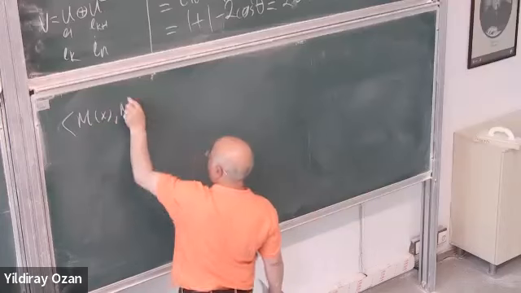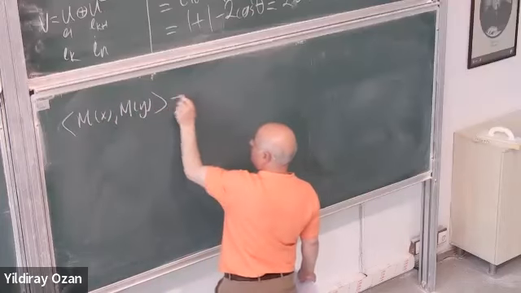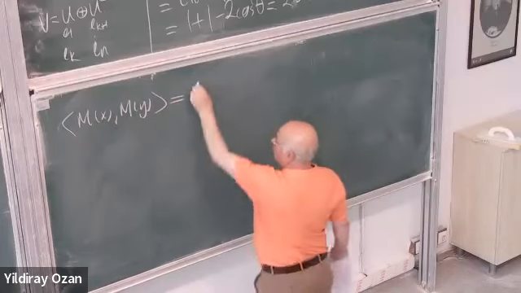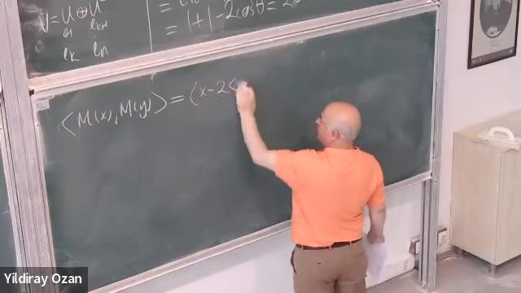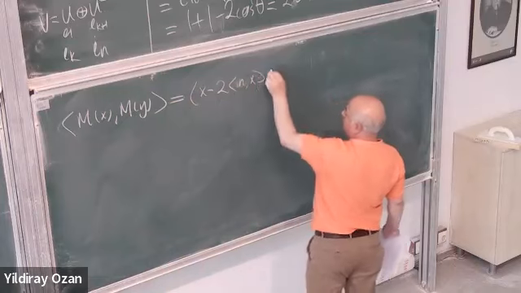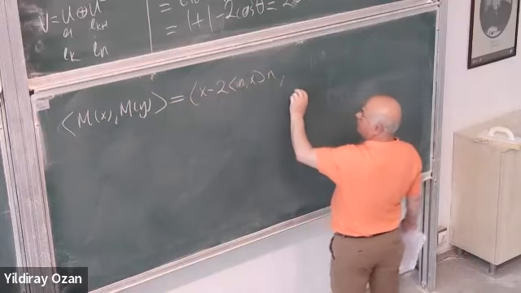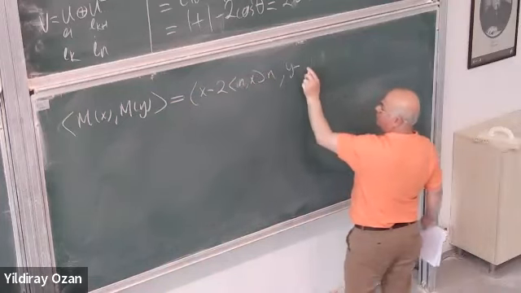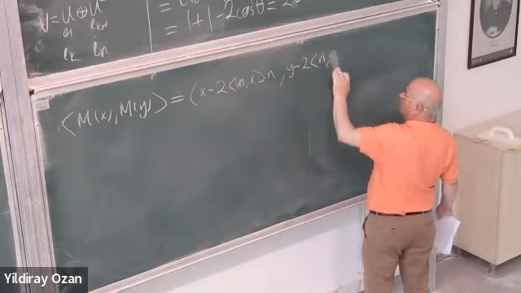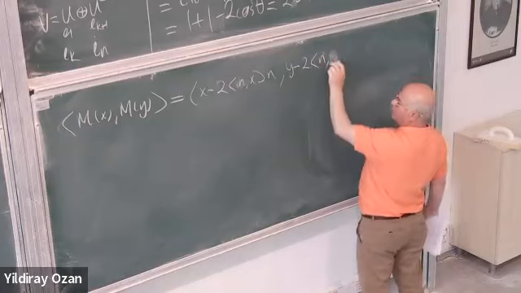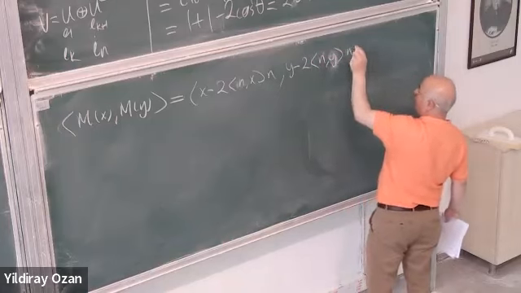Take x and y. This is just x minus 2 times the inner product of x and n times n, and then y minus 2 times the inner product of y and n times n.